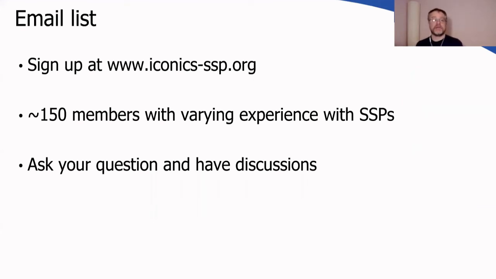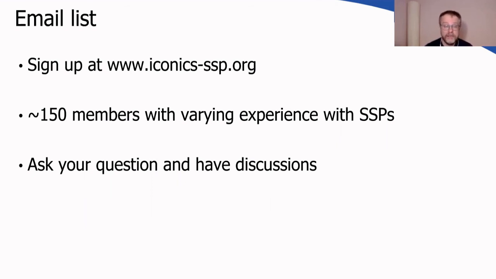And then the last resource I want to tell you about is the email list. You can sign up for the email list at iconicsssp.org, the ICONICS website. It had 115 members a few years ago. Probably we are now higher at the moment, I hope. People have varying experience with the SSPs. The developers of the SSPs are on there, but also people that are just starting to work with them.